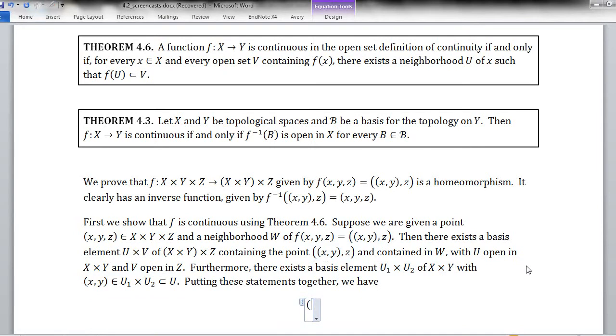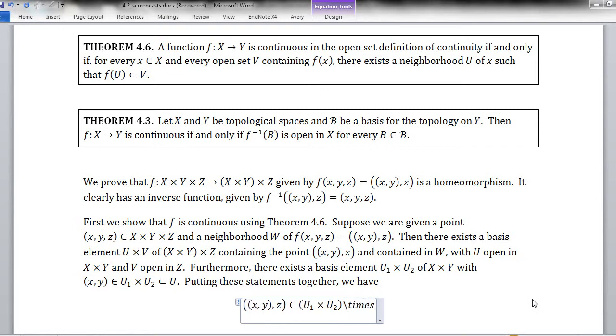So (x, y, z) is, well, (x, y) is in u1 times u2. Okay, so this is in u1 times u2 times, and then z we know is in z, right?